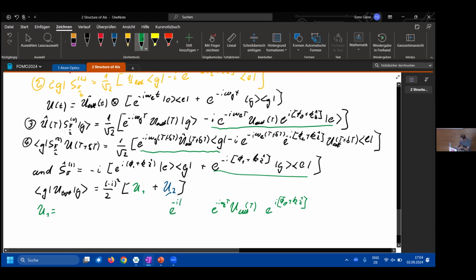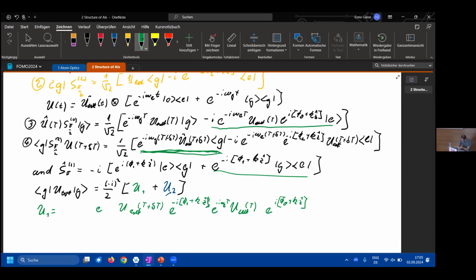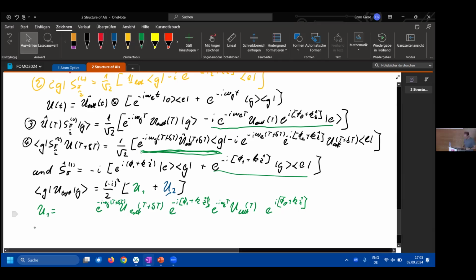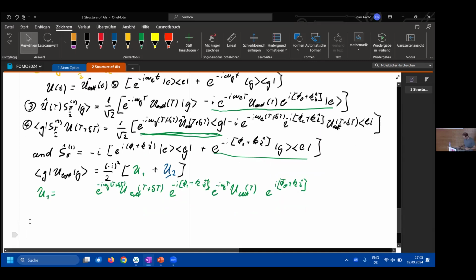So this is e to the minus i phi 1 plus k times z. Okay. And now I'm looking at this contribution here, just the external degrees of freedom. And I find that I have U external times T plus delta T and a phase e to the minus i omega g times T plus delta T. Nothing happens in the very end. Okay? So let's go through that also.